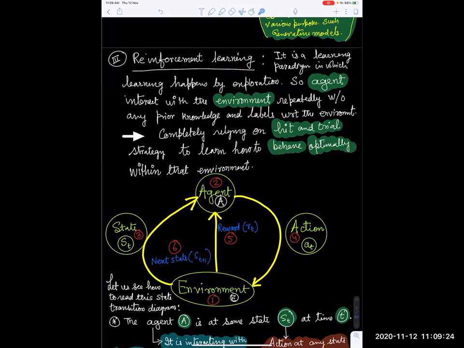The first important thing that one has to understand is that this paradigm is going to talk about exploration. We do not have any information about the environment, what this environment is going to behave like.